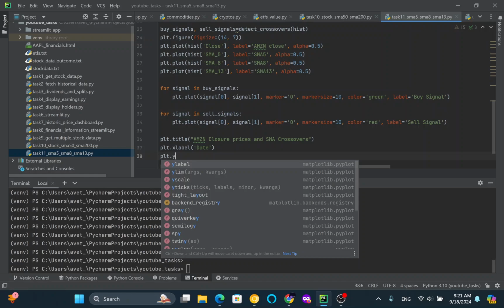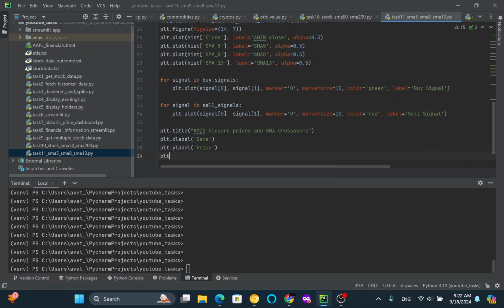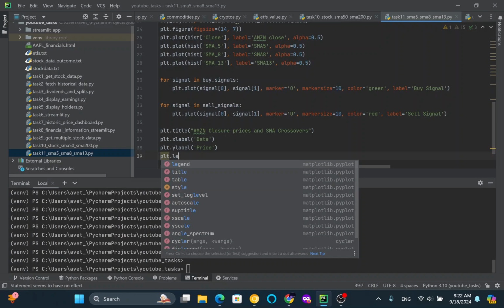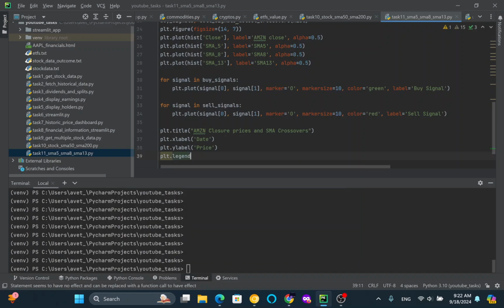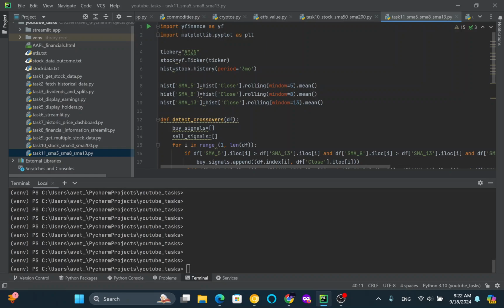PLT Y label will be price, and PLT legends, and at the end PLT show. Our code is ready. Just a quick walk through it one more time.